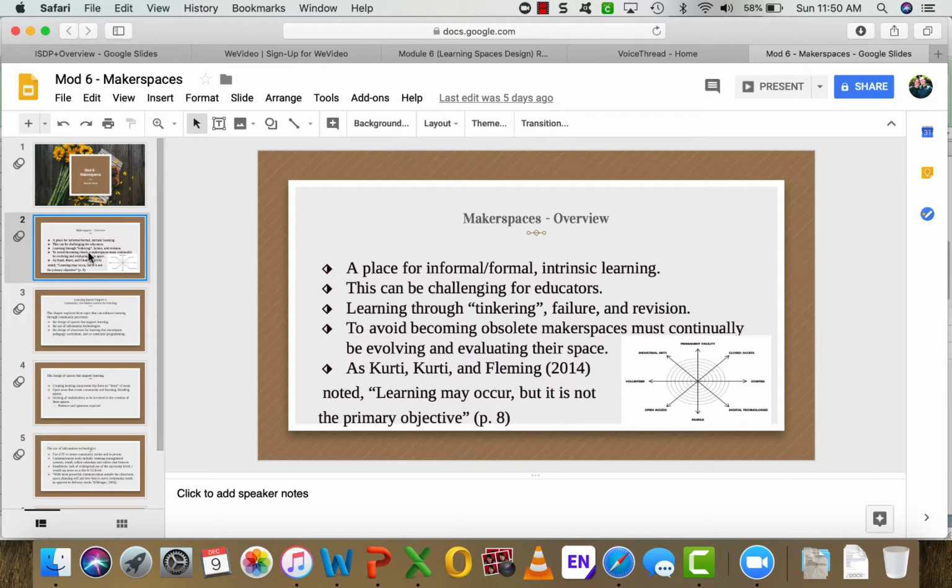So, making writing something where you're turning in drafts, you're tinkering, you're playing, you're trying to improve, you're returning it in, and failure is not a bad thing. It can be used to improve and teach us something. So while a traditional physical makerspace won't work for me, a makerspace mindset will.